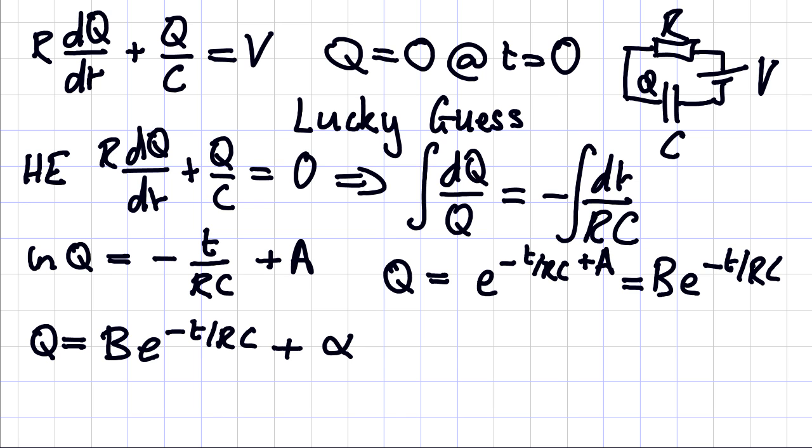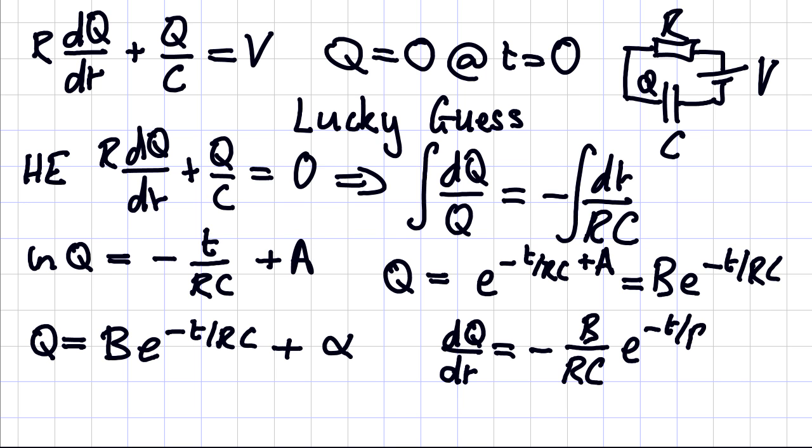We need to substitute that into our original equation. So for this we also need dQ/dt. dQ/dt is minus B on RC e to the minus t on RC, with the alpha giving a derivative of 0.